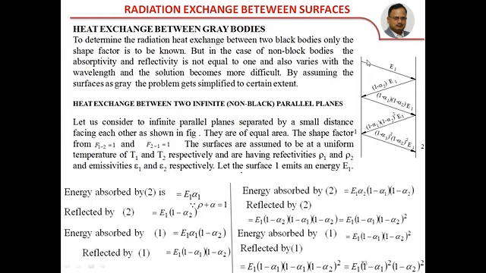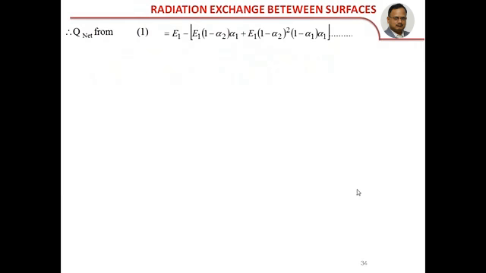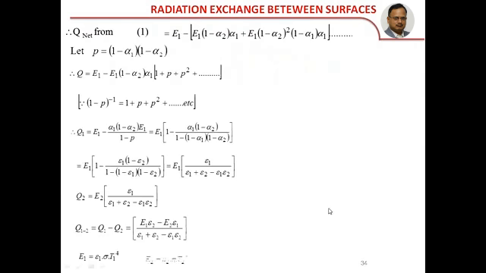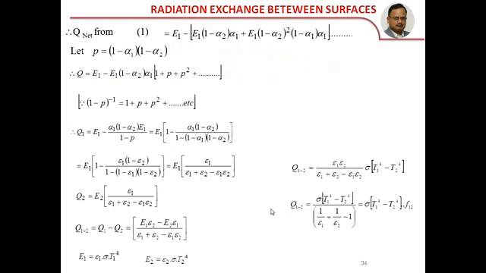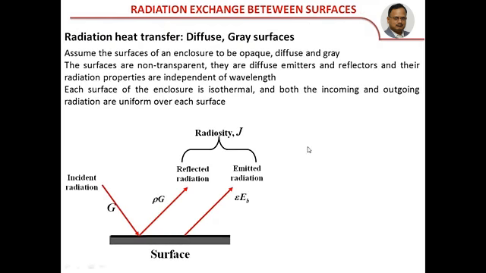So due to multiple reflections, ultimately what is the amount of energy leaving the surface and what is the amount of energy contained by the surface, you have to go on writing a series of expressions like this and determine. It's a very tedious process. So therefore, we will identify a simple method to determine the heat exchange between two surfaces using electrical analogy.